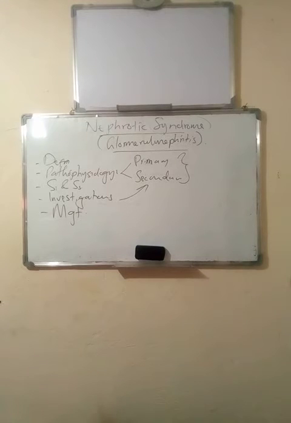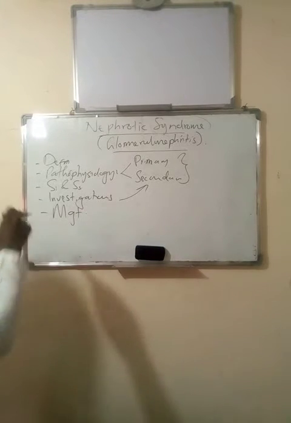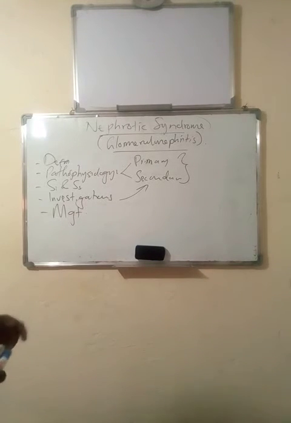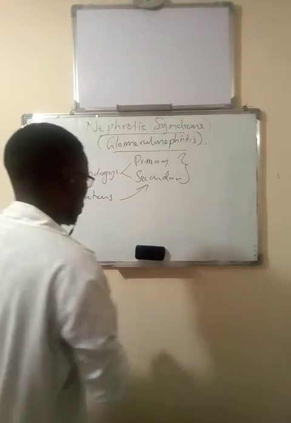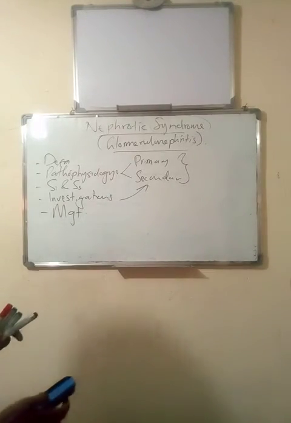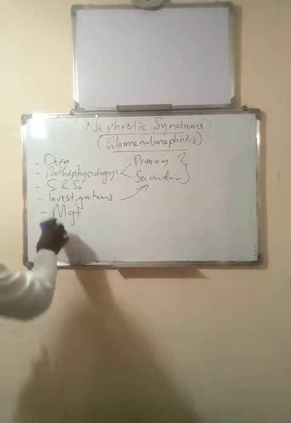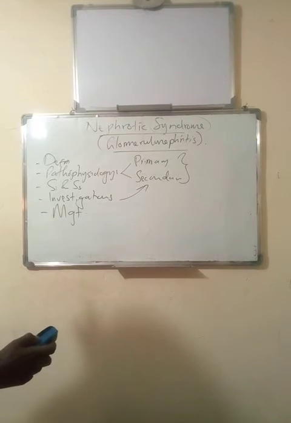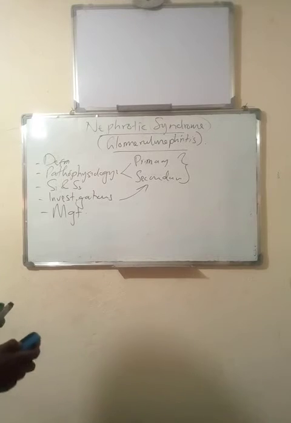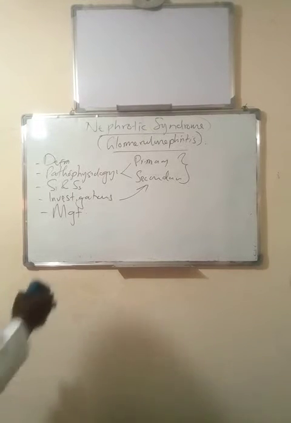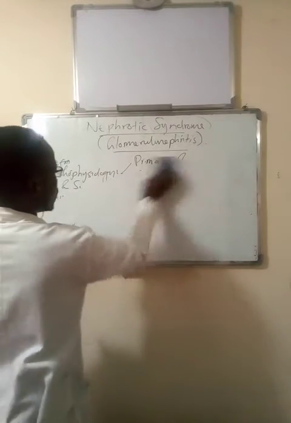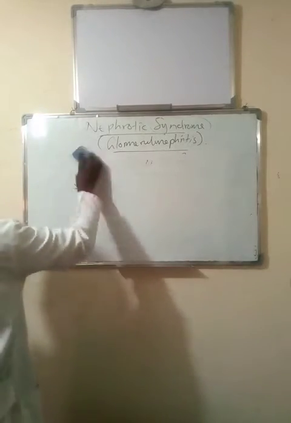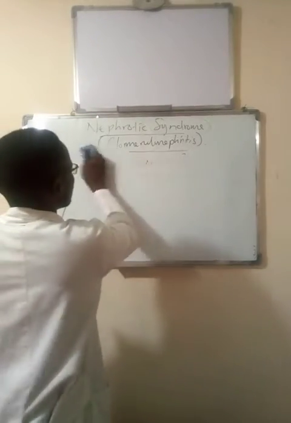Under definition, I'm also going to talk briefly about the functional anatomy of the kidneys. So this is the outline of our lesson, and I hope from this you should be able to understand quite enough of what is needed for this particular topic.